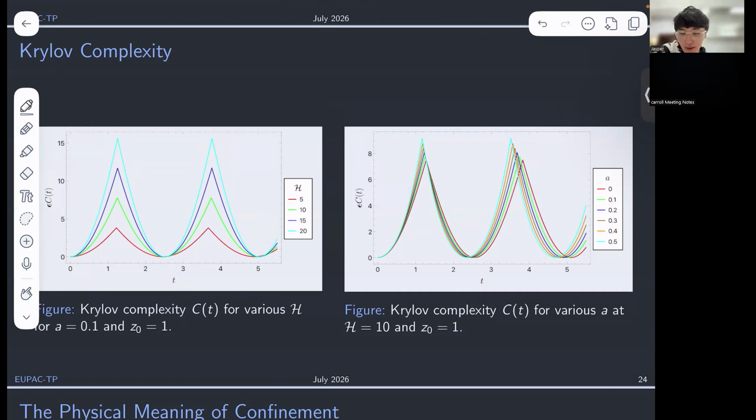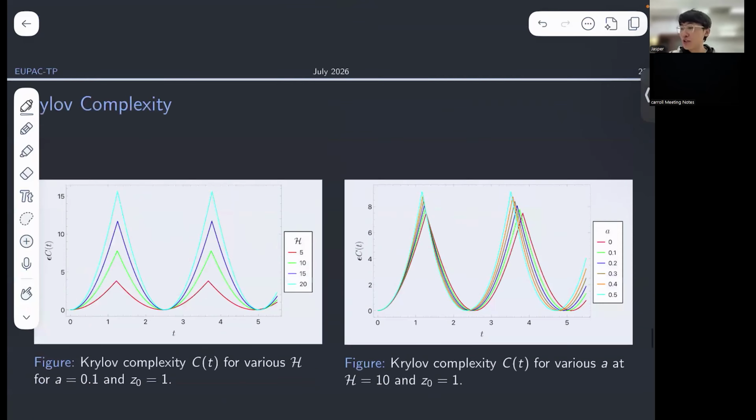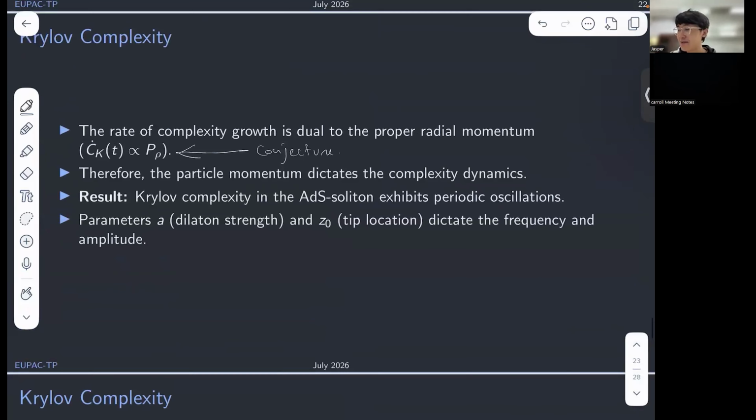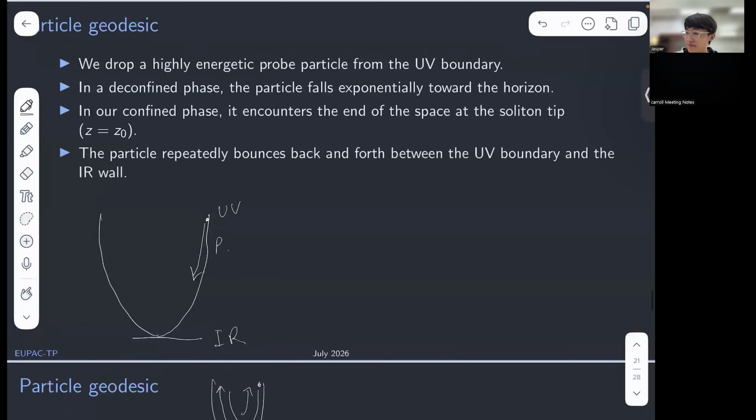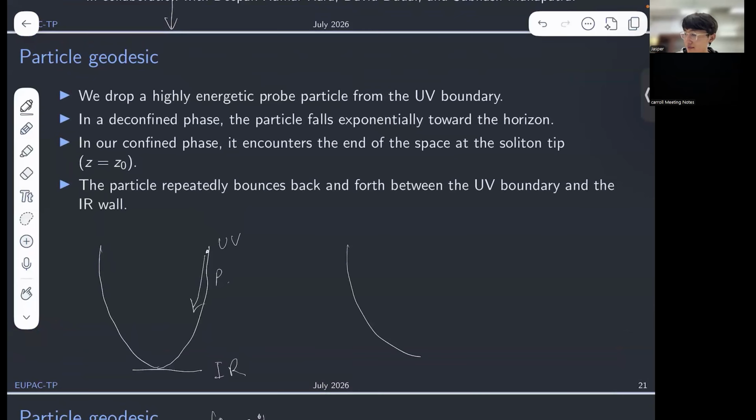Okay. First of all, we do not have a black hole in our case. This geometry does not have a black hole. This geometry is physically cut off at the infrared region, at the low energy region.